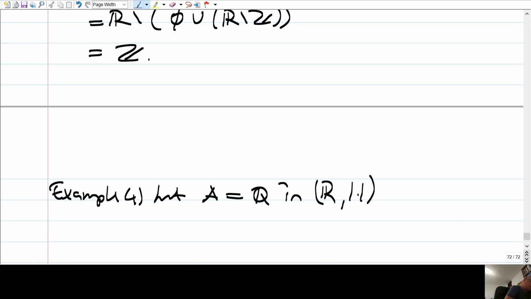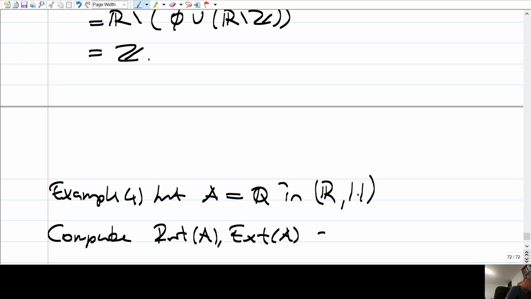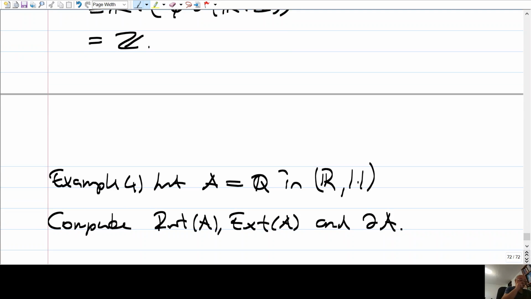Let me leave this as an exercise: compute the interior of A, the exterior of A, and the boundary of A. Next time I'll talk about this, but until then, think about it. What are the interior points, what are the exterior points, and what are the boundary points? Then we will discuss it on Thursday morning. Okay, let me stop here.